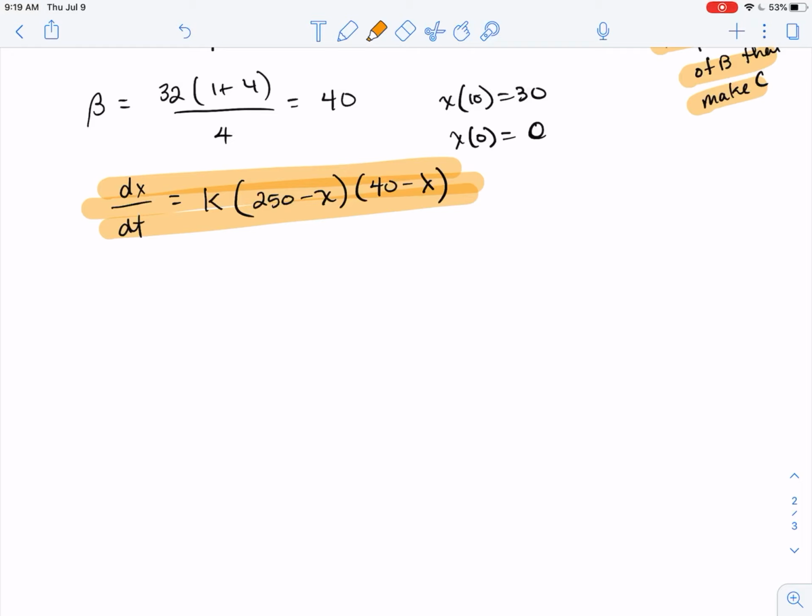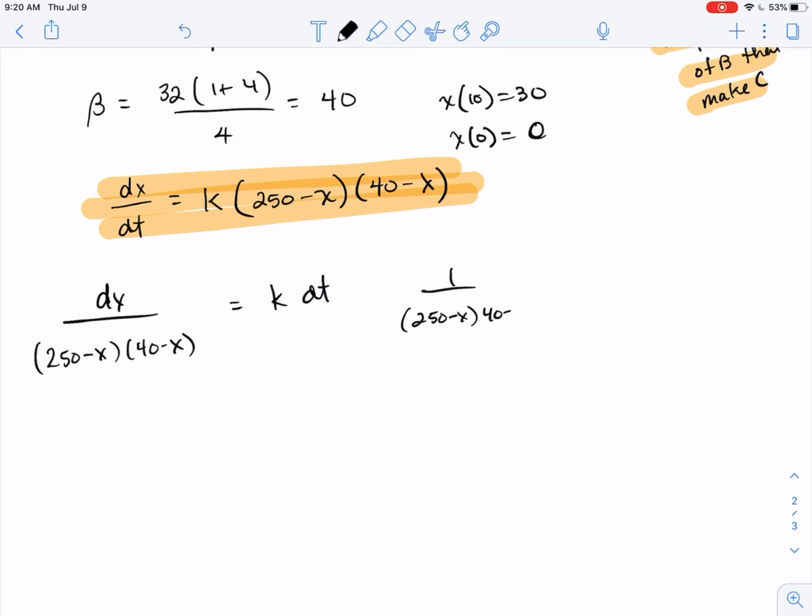Let's show you how to solve. Again, I'm going to separate and integrate: dx over (250 minus x)(40 minus x) equals k dt. We have to do partial fractions, so 1 over (250 minus x)(40 minus x) equals a over 250 minus x plus b over 40 minus x.